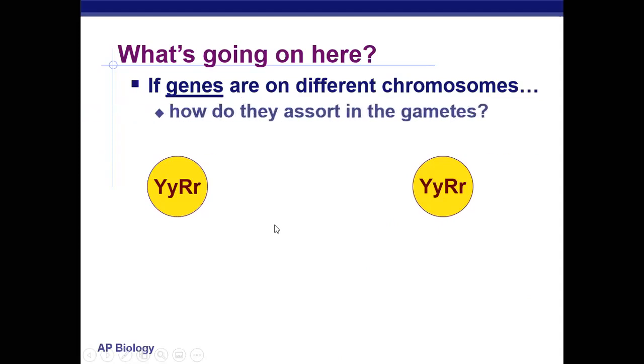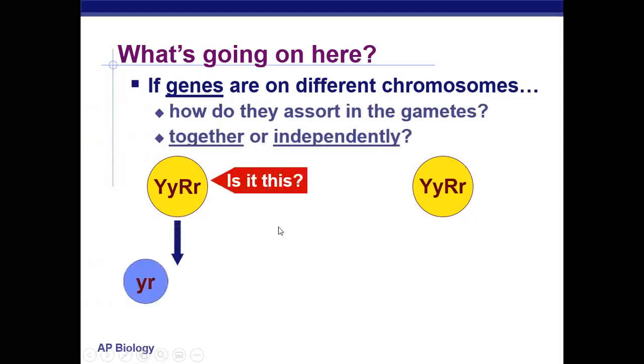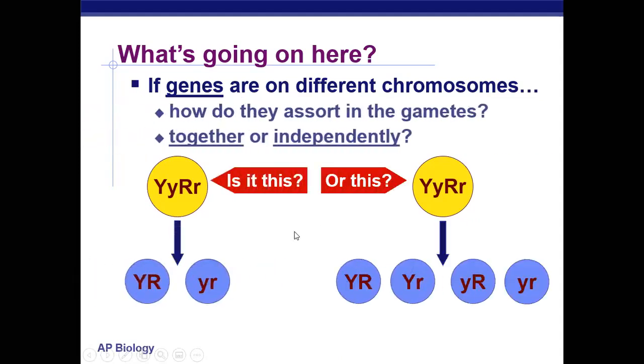If genes are on different chromosomes, they sorted together or independently in the chromosomes. So are you getting color and shape together or not? Oh, I'm sorry, I see what they're doing.